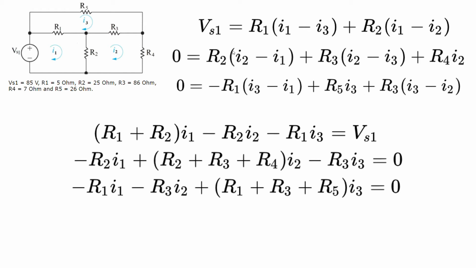One thing, it doesn't matter at all if you keep this as R1, keep it symbolic, or if you just put in 5 ohms, which is the value, or this at 25 ohms and this at 85 volts, and then this would just be like 30 ohms, negative 25, negative 5. Some people probably like that better.